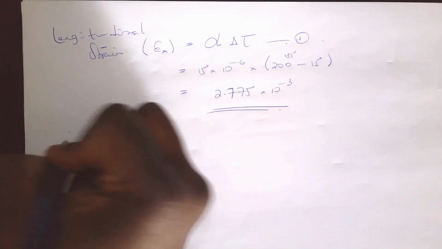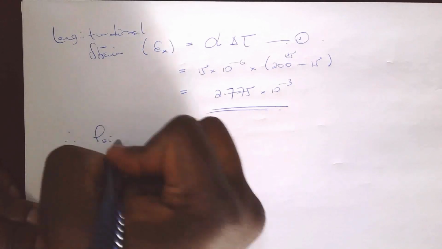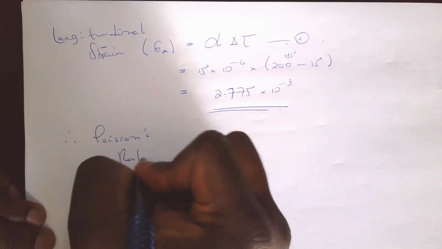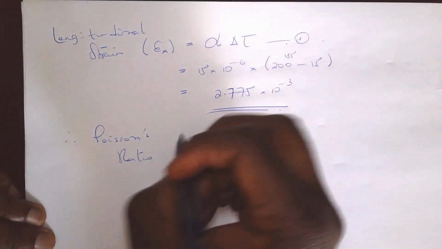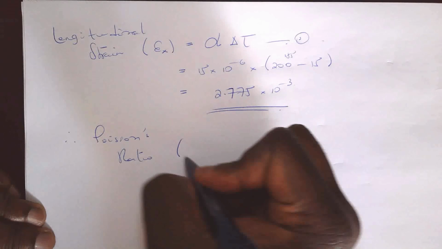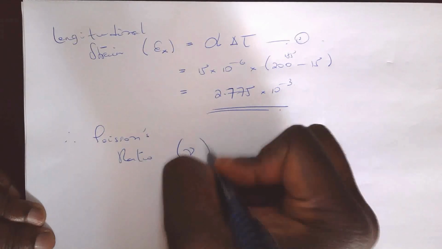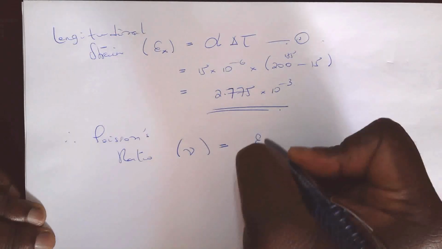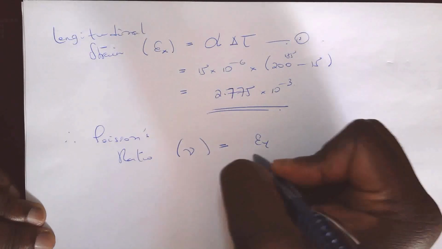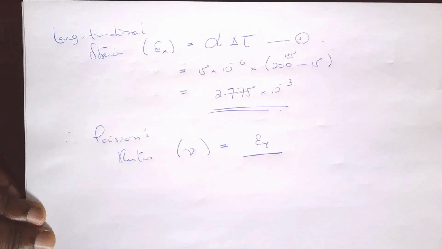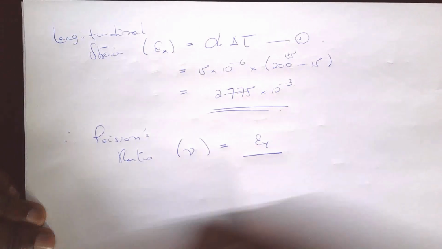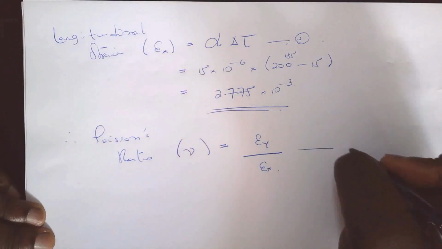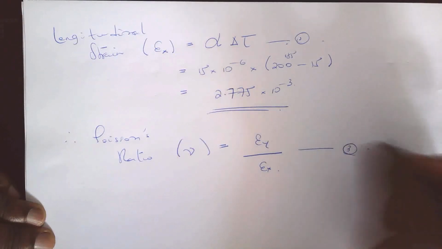So let's introduce Poisson's ratio, characterized by nu. That is nu, and that is equal to the ratio of the lateral strain to the longitudinal strain. Let's call that equation 3.